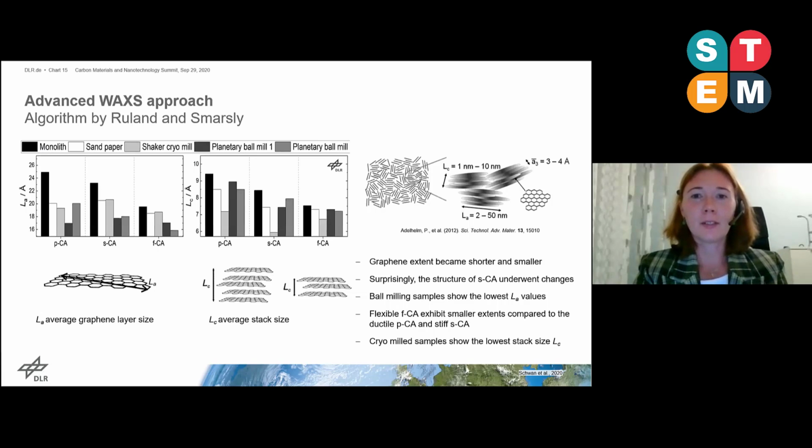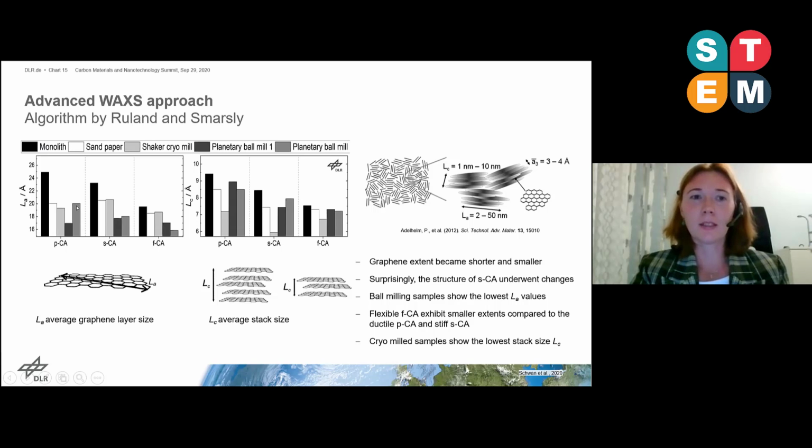And here, it was surprising for us, if you look at these results, LA is the average graphene layer size, as shown here, and we can see that for all 3 carbon aerogels, this graphene layer size decreased.